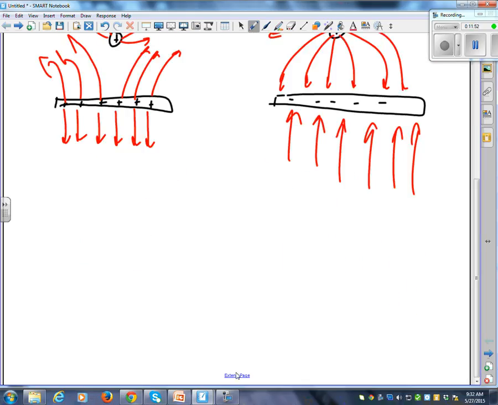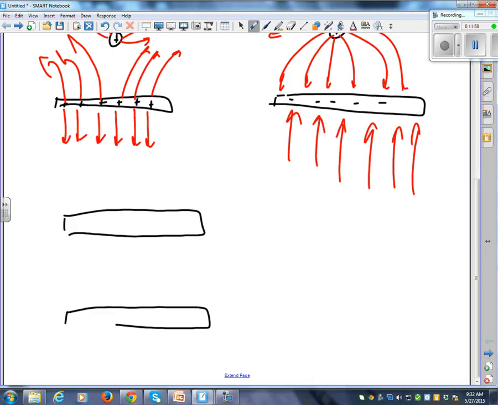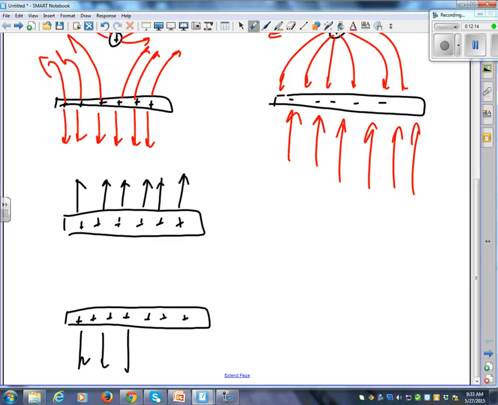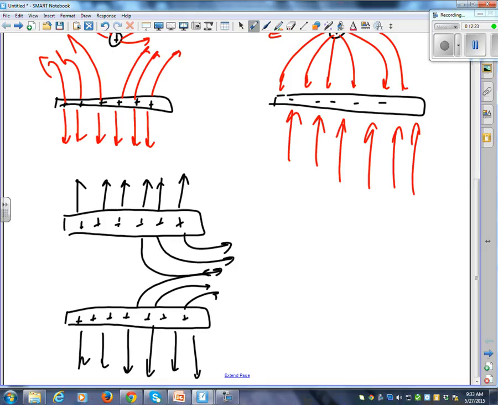Okay, E, positive and positive plates. I really have to make a sheet with these on them. Away, away, away. Inside here, they're going to be bendy like this. Away, away.